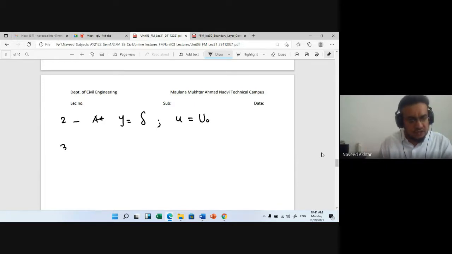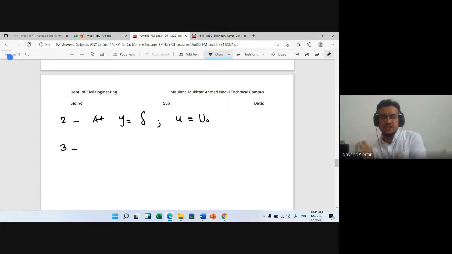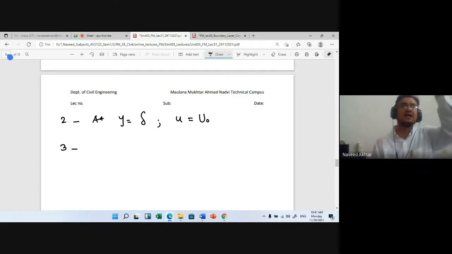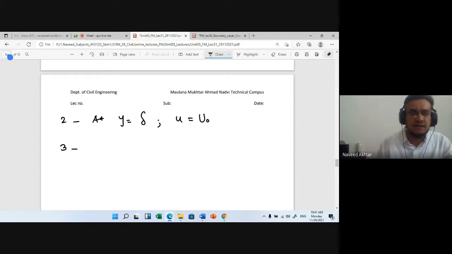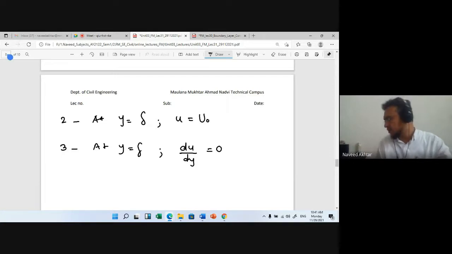And the third boundary condition, to make this velocity profile at a different section in the x direction, because the fluid is flowing in the x direction, and y is considered as the depth of your channel. Wherever you have inserted the flat plate or any object, at y is equal to del the slope du upon dy must be equal to 0, because the velocity at y is equal to del is nearly equal to the free stream velocity.